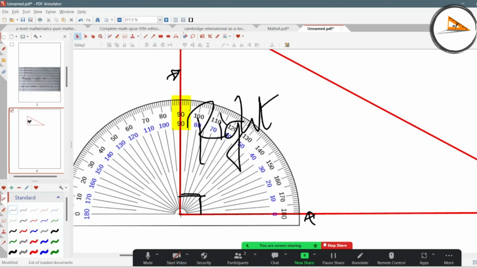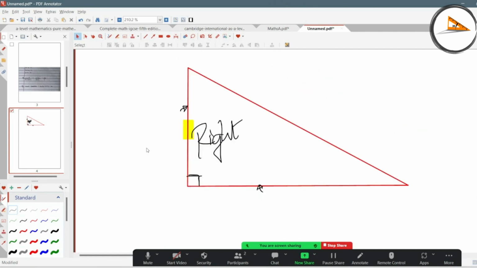So in a right angle triangle, imagine you are looking at the triangle from any corner. Think about this red line as a tower or something like that.